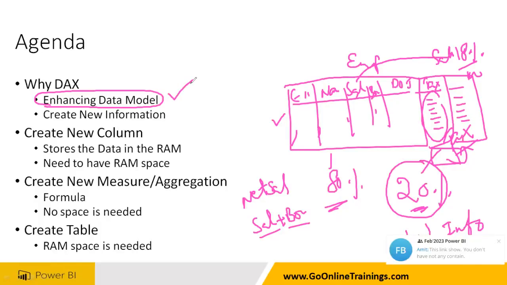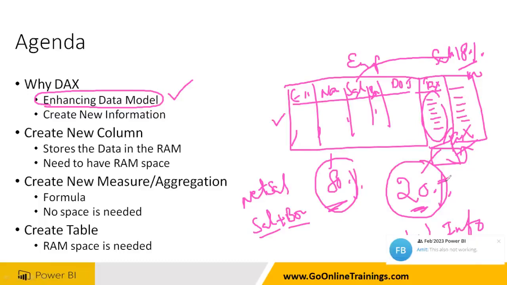Enhancing data modeling means you have to create new information, or you need to create new columns as per the requirement. 80% of the reports can be created with the existing columns or existing information only, but 20% of the reports cannot be created with existing information.